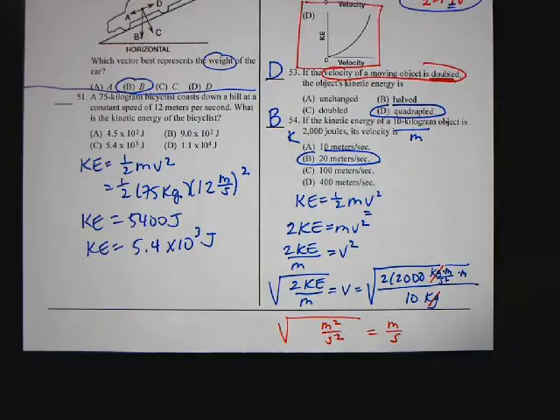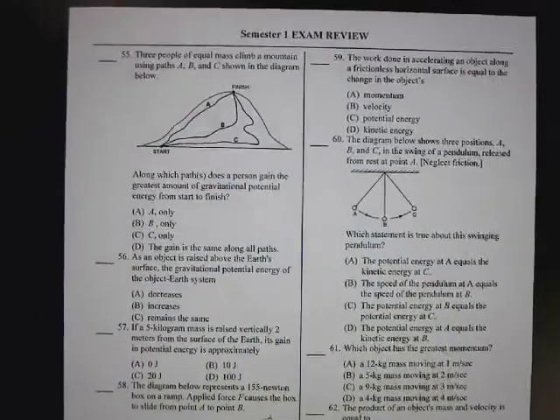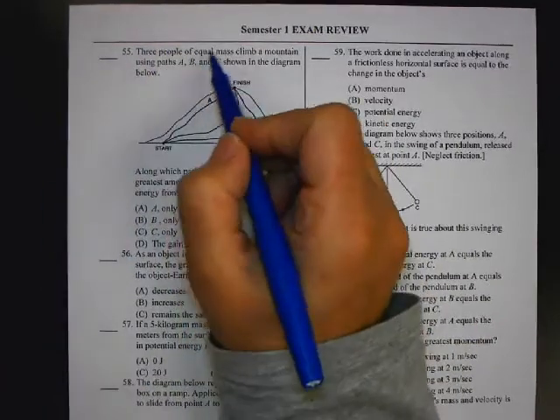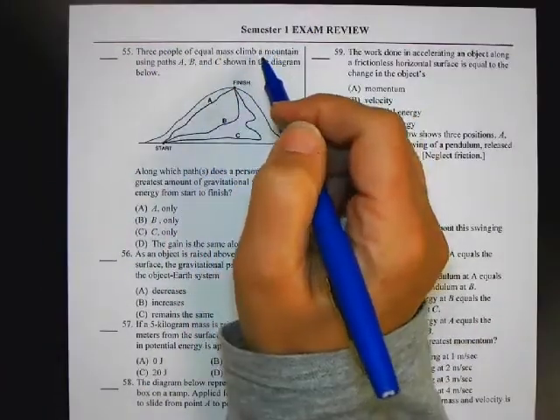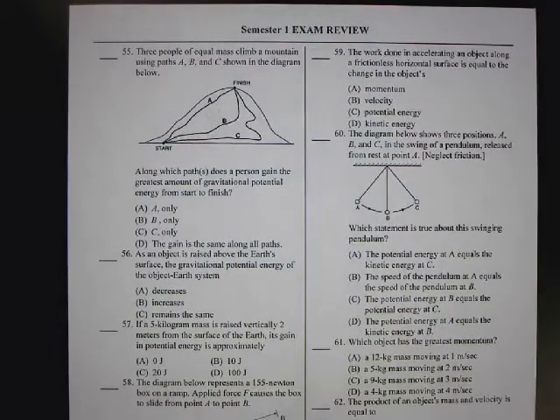All right, now we're going to go on to number 59. Oh no, 55. That was 54, so now we're up to 55. So 55, it says 3 people of equal mass climb a mountain using paths A, B, and C, as shown in the diagram. Along which path does a person gain the greatest amount of potential energy from start to finish?